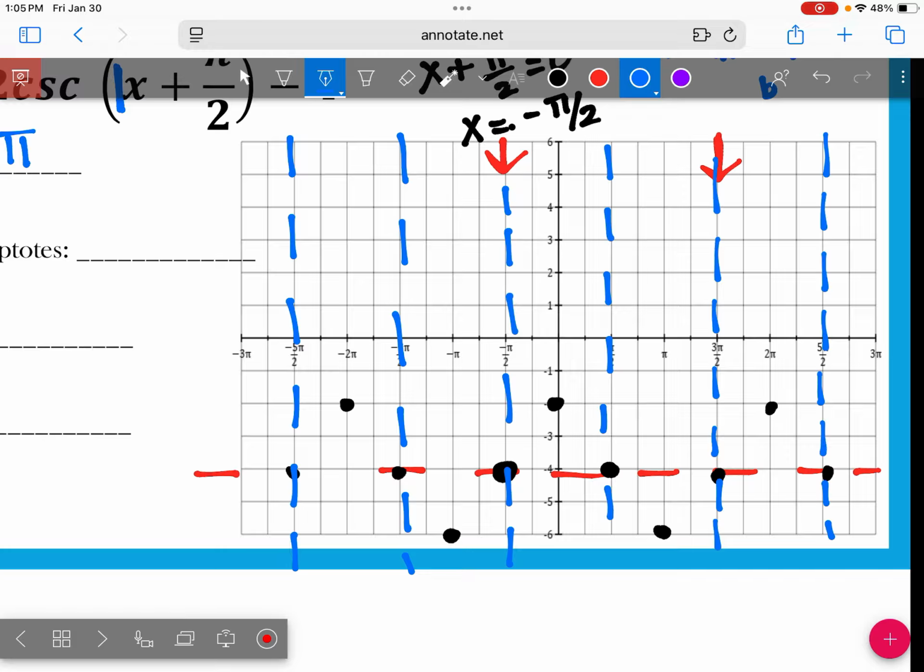Every time we're at the top of the wave, which is -2, I want you to draw a smile. And whenever we're at the bottom of the wave, draw a frown.